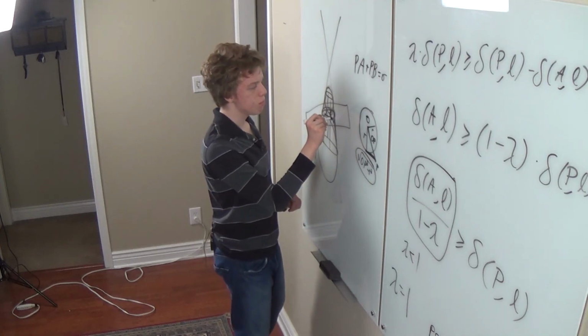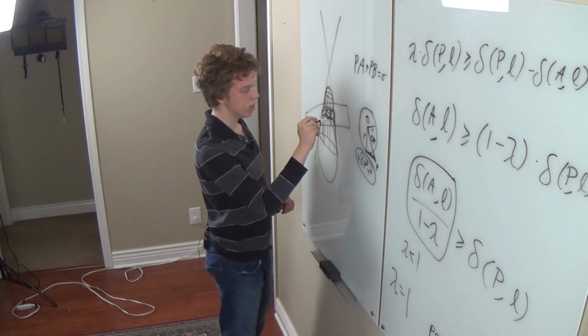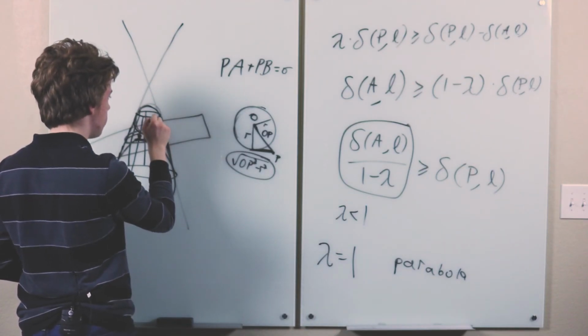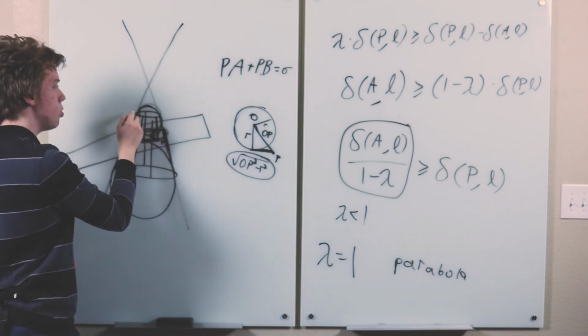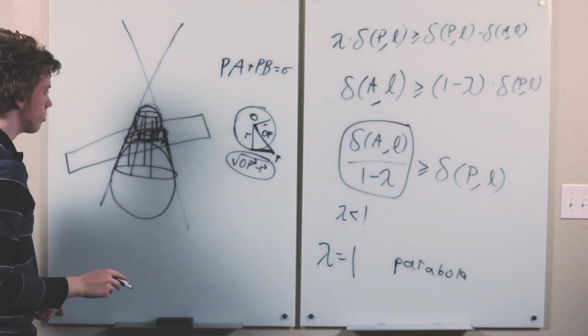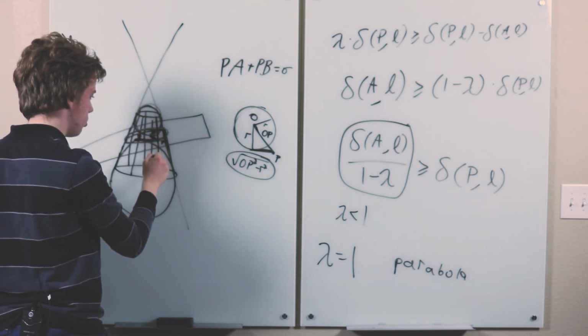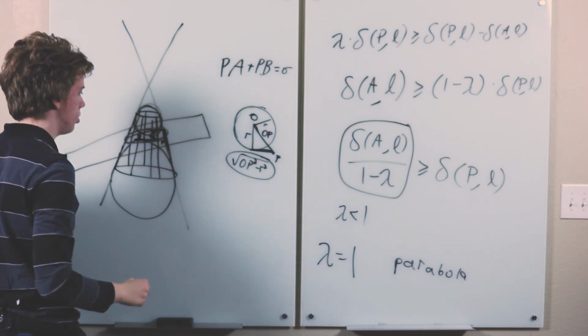So the length PA is also the length of the tangent if we draw the line segment through P along the surface of the cone, tangent to a point on the upper circle. And similarly, if we take PB and draw it down, you get a point on the lower circle.